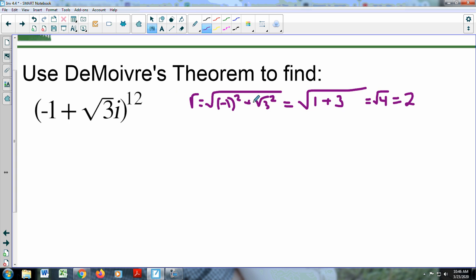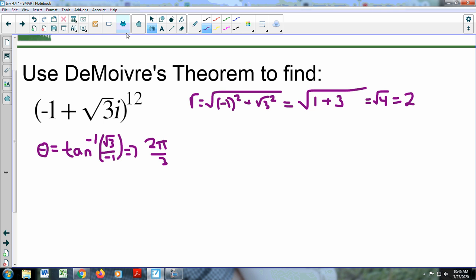So my r value is 2. Now I need to find my angle. My angle is tan inverse of square root of 3 over negative 1. When I look at my trig table, that's 2 pi over 3.